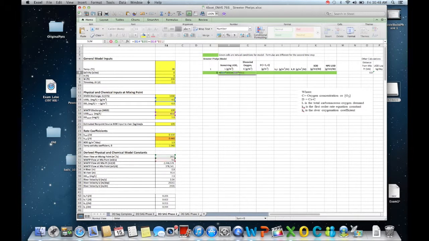There we go. And we're going to put brackets around all of this to make sure that we don't mess up. And we're going to divide that by the total flow, which would be this plus this. So it's going to come out to be a UOD of 8.8 grams per cubic meter.